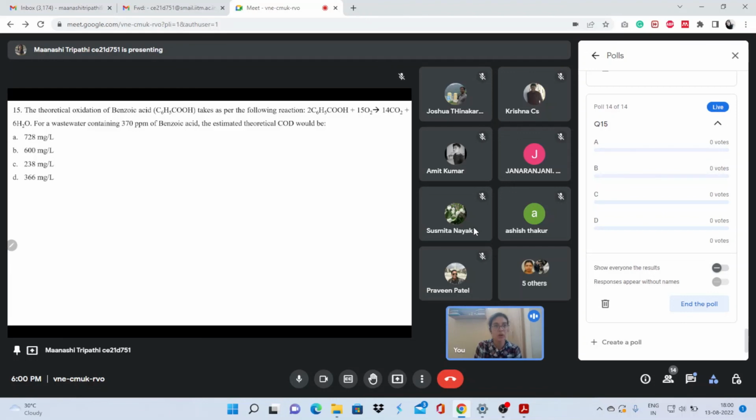We need to find out the amount of oxygen required. First of all, note down this equation, then find the molar mass of benzoic acid as well as the molar mass of oxygen. I will do it with you, but you try to solve on your own.